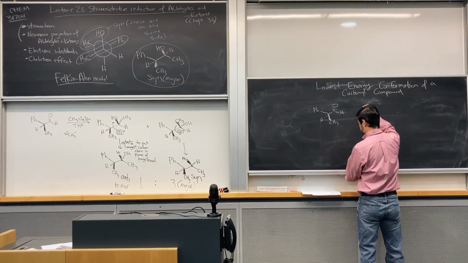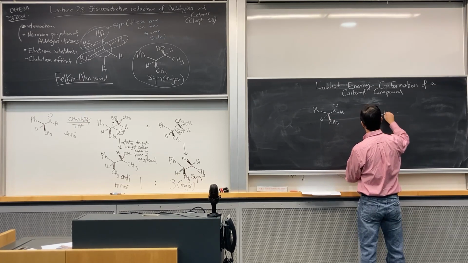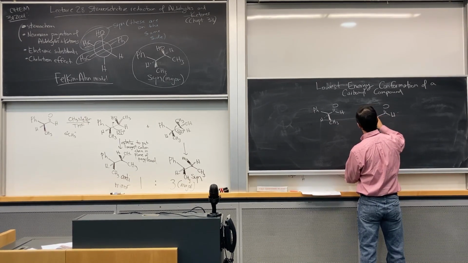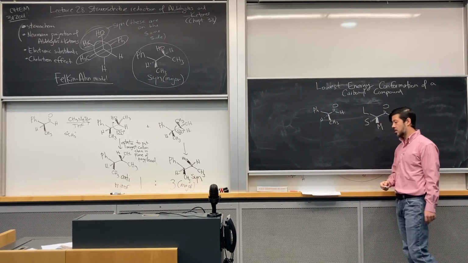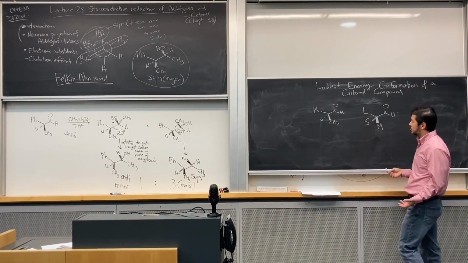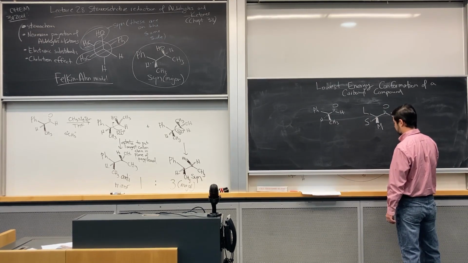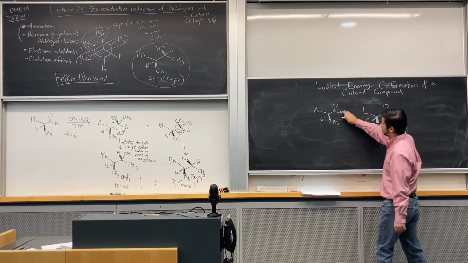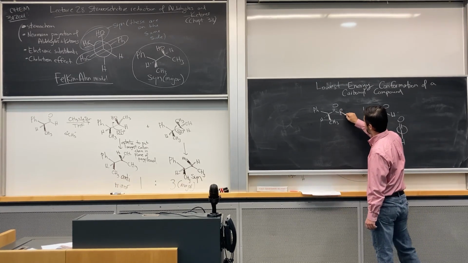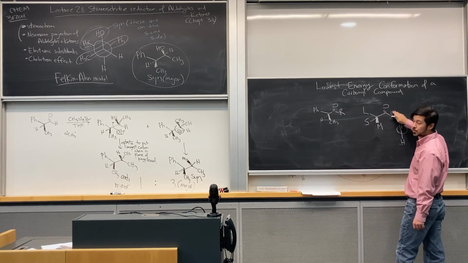So if we do that, let's call L equal to large, M equal to medium, S equal to small. What we can learn from this exercise is that when you're drawing your low energy conformers, and actually let's just put an R group here because this could be a ketone. Okay, so switch that to an R group.